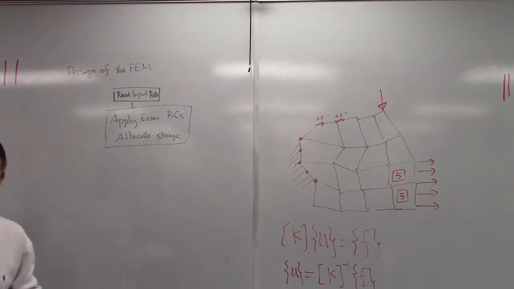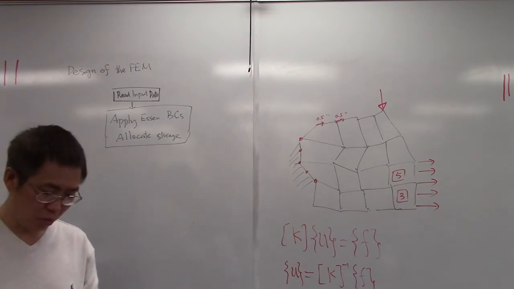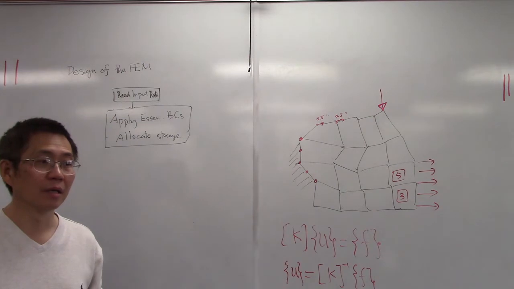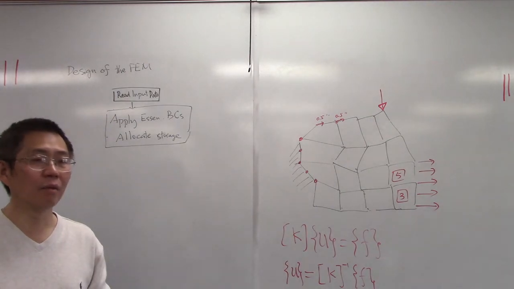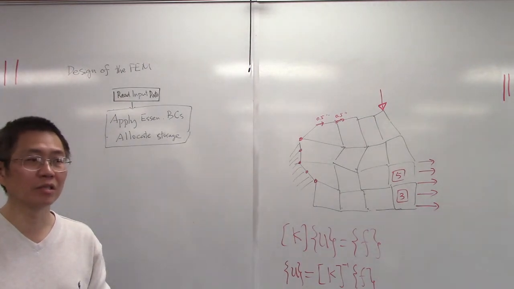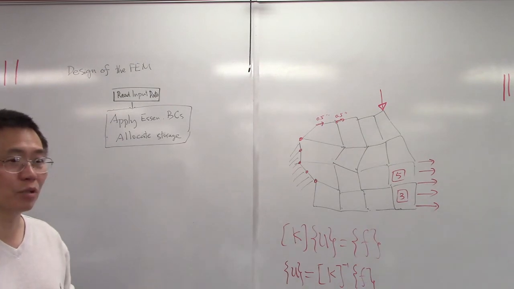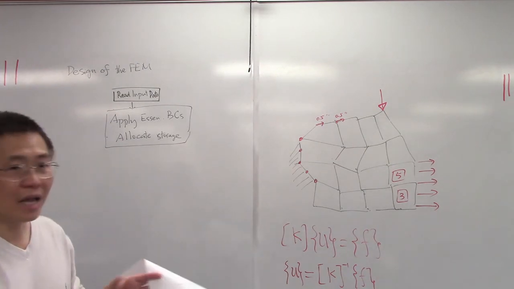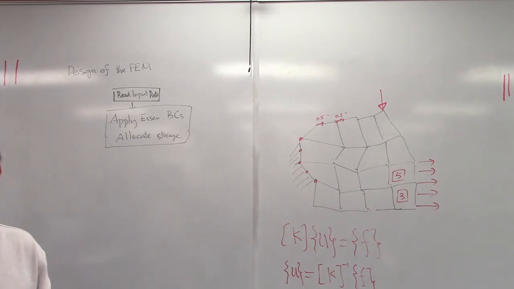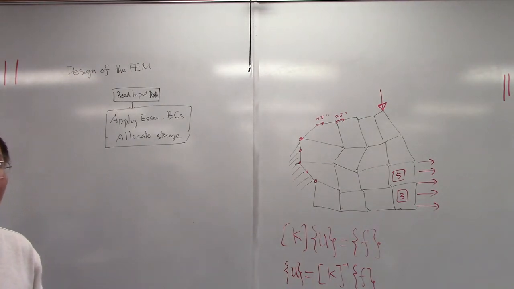Because before we solve a problem, we really don't know how big a problem will be. One day you may want to use your program to solve a very simple two-element problem. Another day you may have a complex structure that requires maybe 10,000 elements. Okay? So you don't want to open a huge array ready for 10,000, but just use 2 in most calculations.